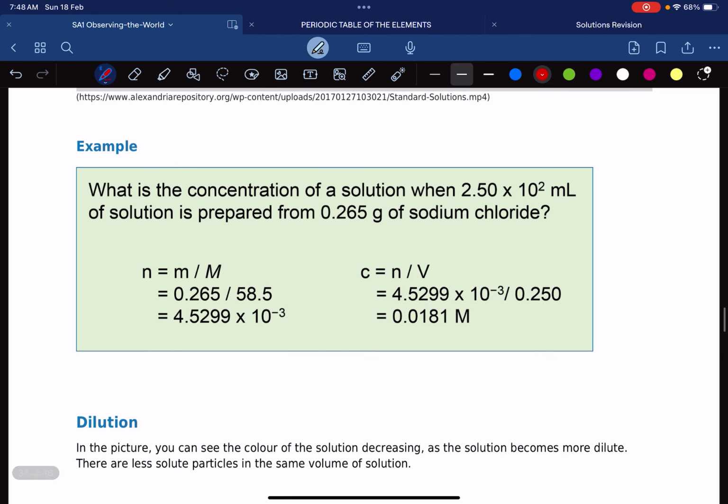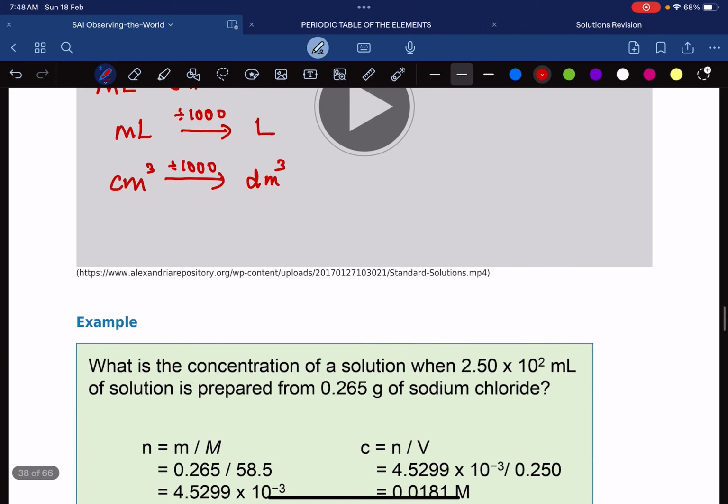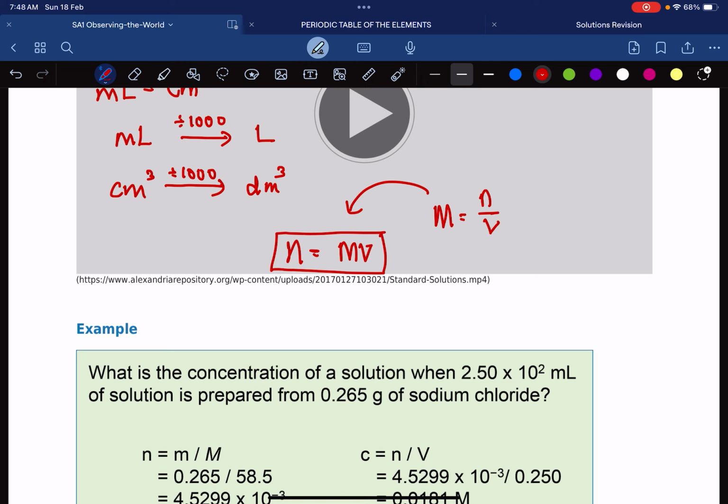So basically the formula that you're going to remember is this: mole will be molarity times volume. Because earlier, molarity was moles divided by volume, and that's how this formula comes out. So we have come across a few formulas.